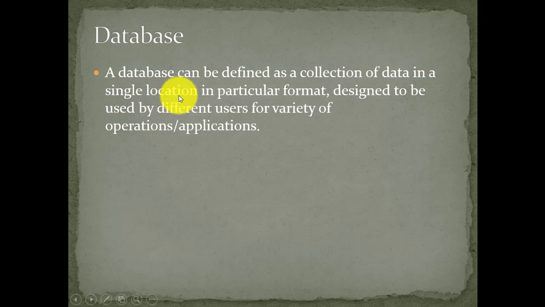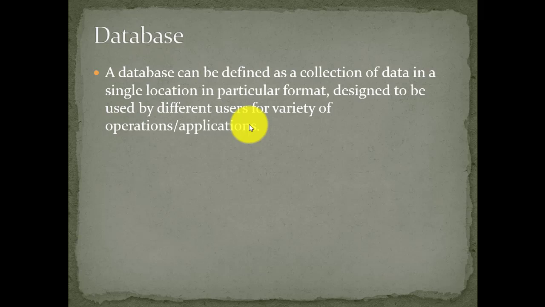So it could be a server, it could be a cloud, in a particular format. It has some format associated, it could be a tabular format or any other type of format, and designed to be used by different users for a variety of operations or applications.